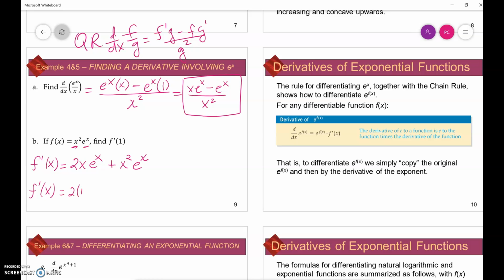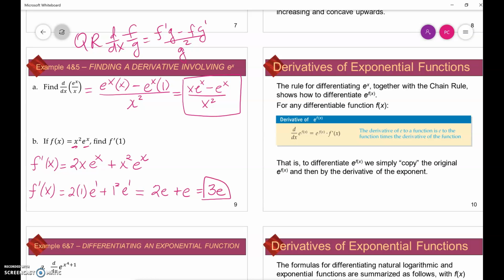So I have 2 times 1 e to the 1 plus 1 squared e to the 1, which gives me 2e. You could put the exponent or not, it wouldn't matter. I'm going to leave it off just so it looks a little neater. Plus 1 squared is 1, so I have 1e. Then we can simplify this and get 3e.